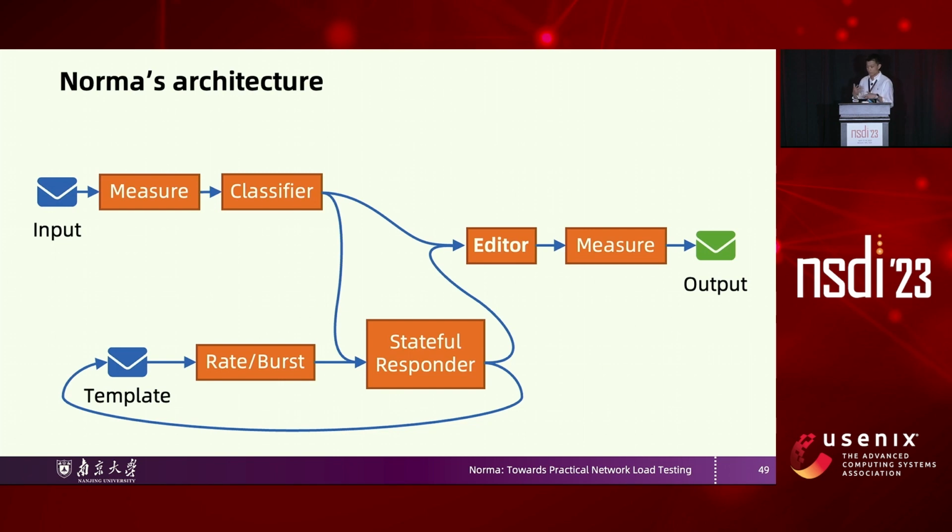So we need a packet editing module to modify the packets. Implementing these modules in Norma will encounter many difficulties. I would like to leave these details in the paper, but I believe we did pretty well. Next, I will show you the usage of Norma.